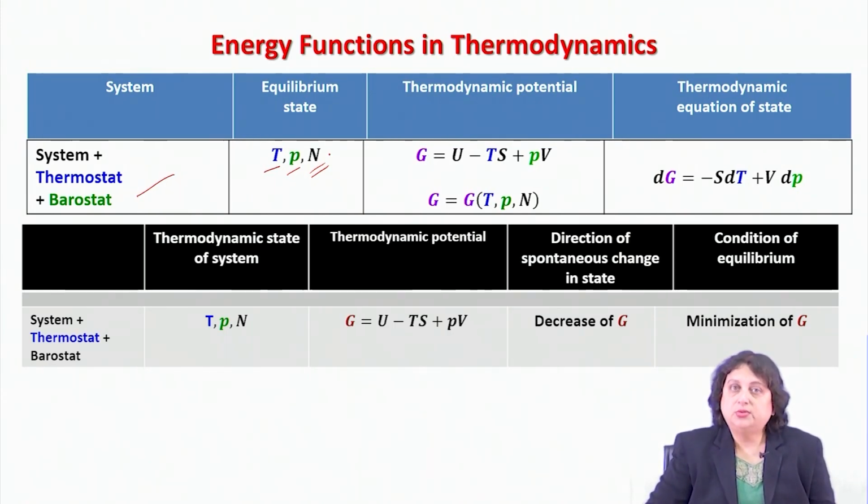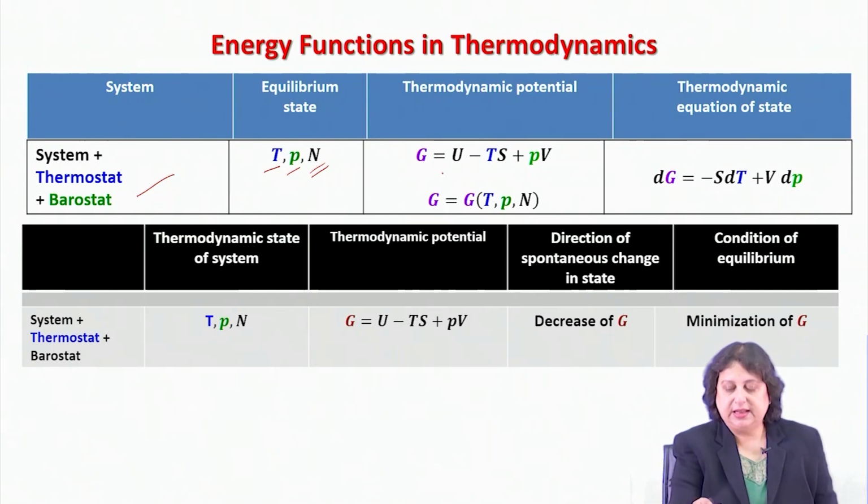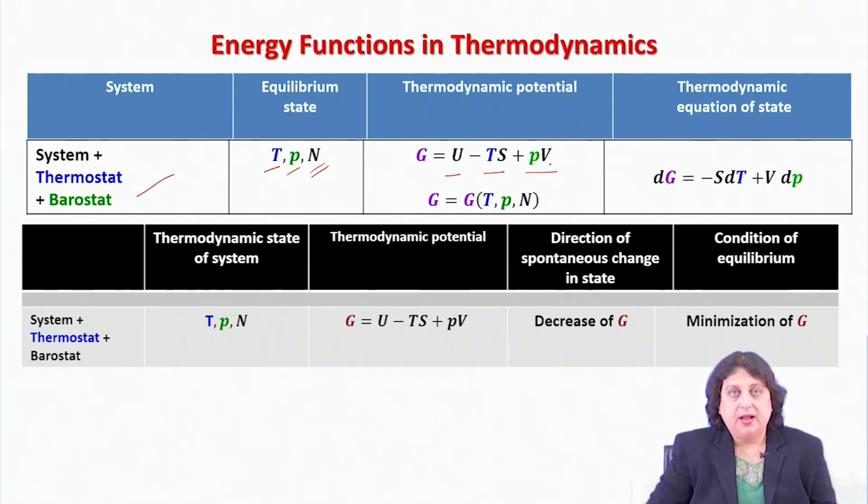Then, according to what we have learned so far, the corresponding thermodynamic potential is given by the Gibbs free energy G. So the definition of Gibbs free energy is G = U - TS + PV. As you see, for a given equilibrium state for which temperature, pressure and the number of particles are known, the value of G is also fixed, and G is a state function.